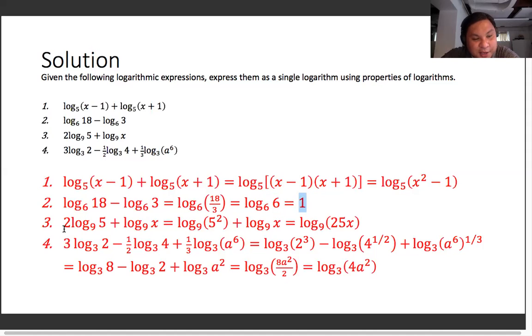For number 3, we have this coefficient here, so it becomes a power. 5 squared is simply 25. Because this is an addition, you just have to multiply the 25 and the x. Thus, it's logarithm of 25x to the base 9. If you got all of them correct, very good job. Let's carry on to our next queries.